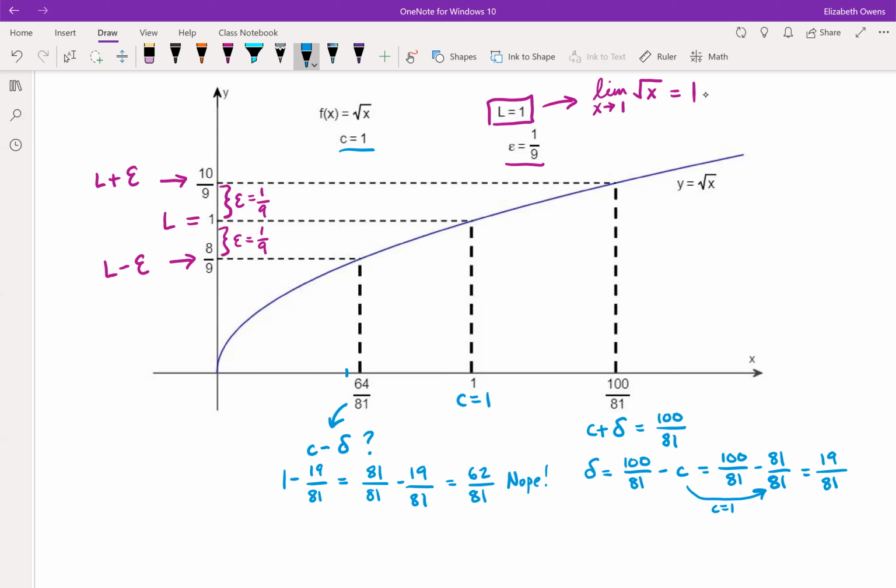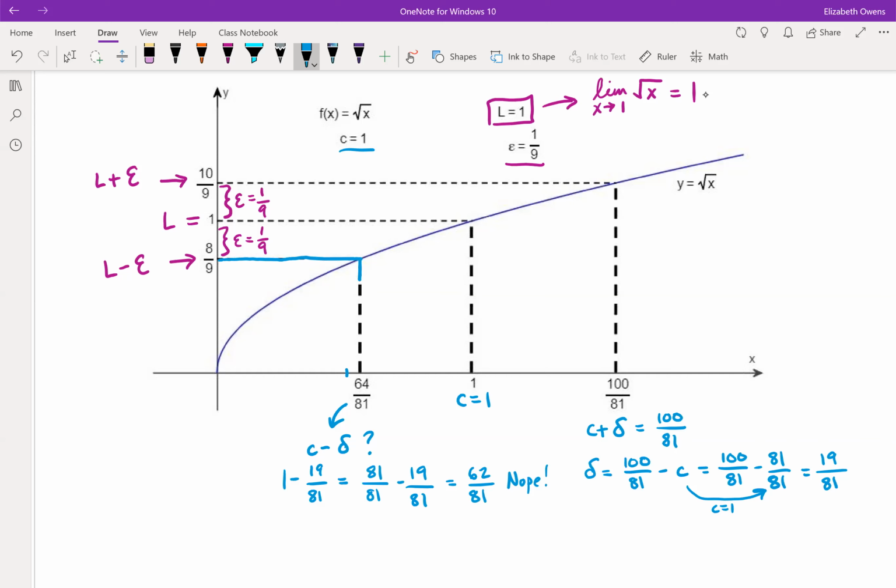So notice how, in this case, we get 62/81. That actually lies outside of the interval that we want. Notice how this interval along the x-axis is marked off based on the L plus epsilon and L minus epsilon values. This is the lowest that interval will go, L minus epsilon being 8/9.